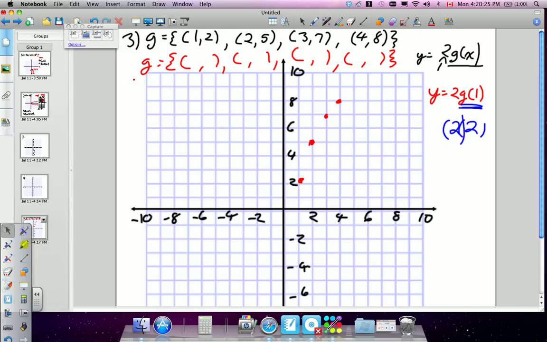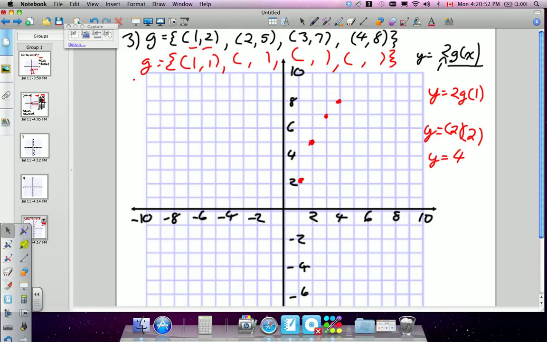So our new y equals 2 times 2, which means y is equal to 4. So our first coordinate: when x is 1, y is 4.